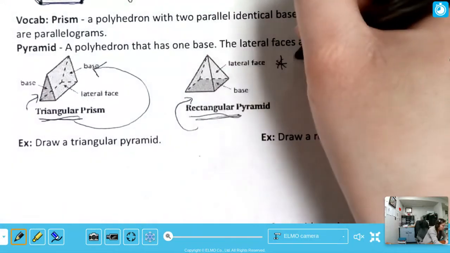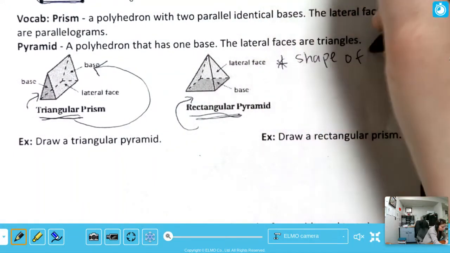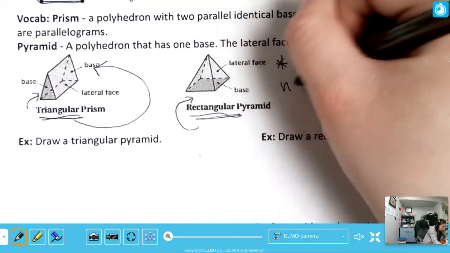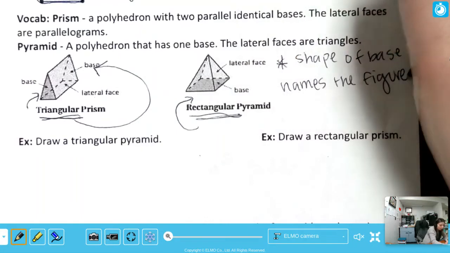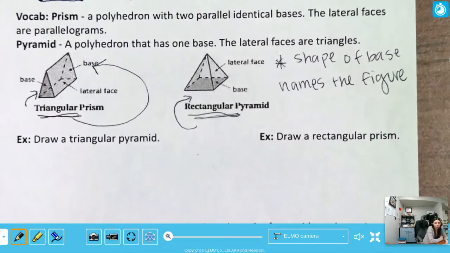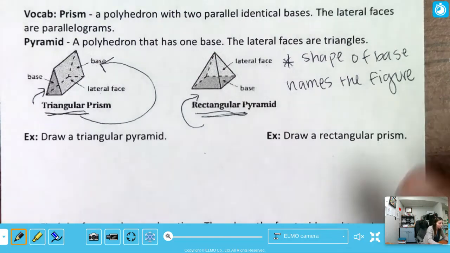So the shape of the base names the figure. Whatever shape the base or bases are, that is how we name that particular figure. So if it has a triangle base, we call it triangular. If it has rectangle bases, we call it rectangular. If it had a pentagon base or bases, we would call it pentagonal.